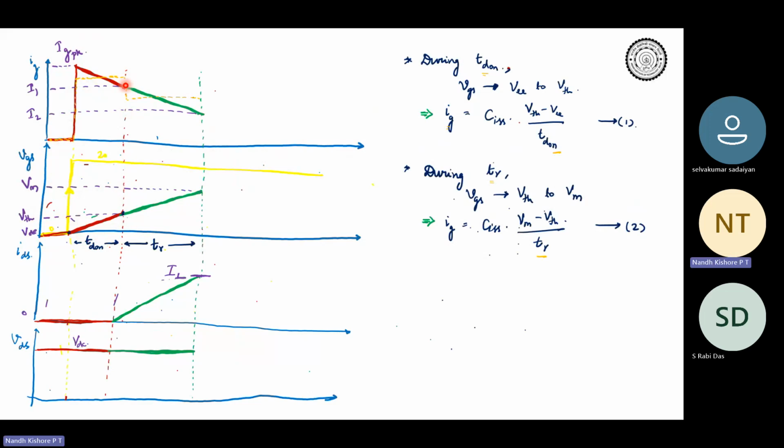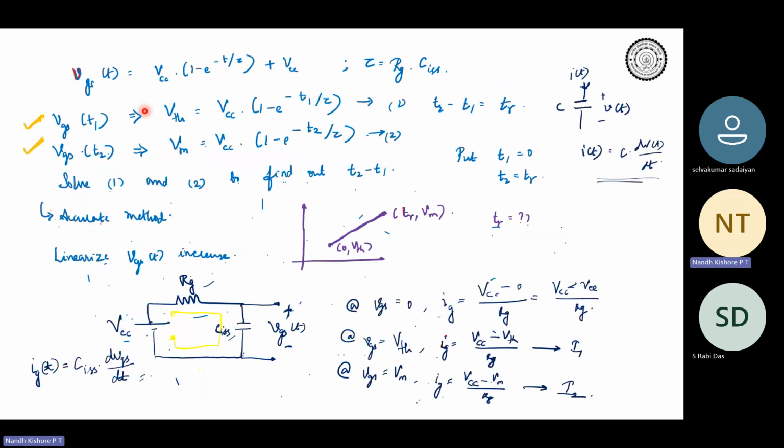So from this, we found out the expression for turn on delay time. How did we find out the expression? You know what IGP is, correct? IGP is basically VCC divided by RG, or VCC minus V divided by RG. I1 would be what? We do the gate circuit, right? This is just the gate side circuit. VCC is there, RG is there, and then you have the input capacitance, CISS.